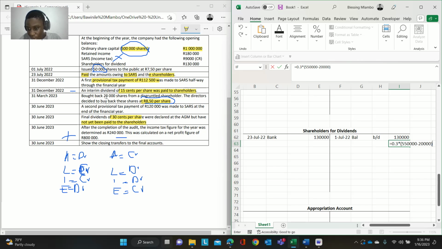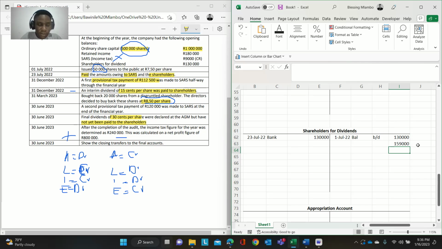So the number of shares in issue at the end of this financial year, which will receive this 30 cent dividend, is 530,000 if you take this 550,000 minus the 20,000. So a dividend of 159,000 was declared.